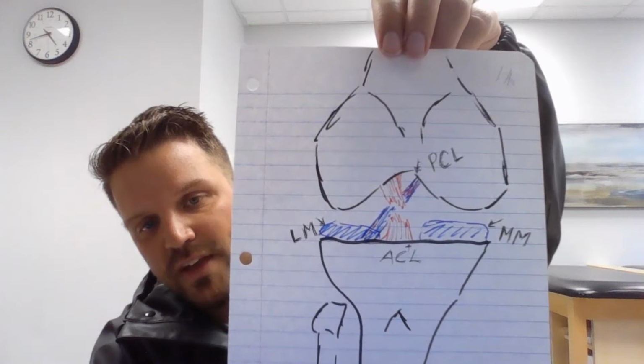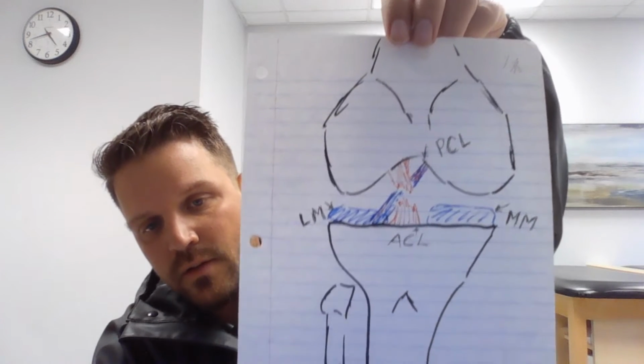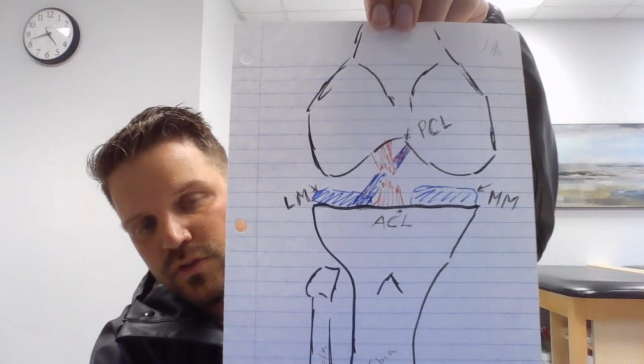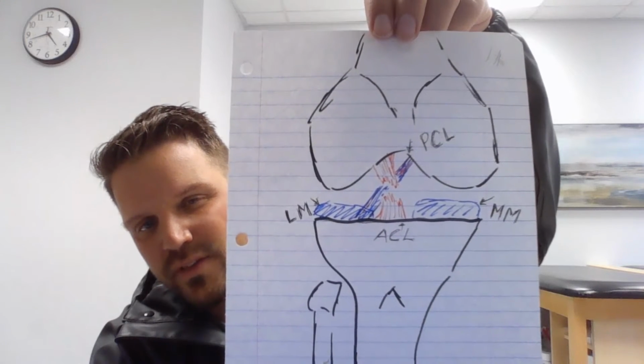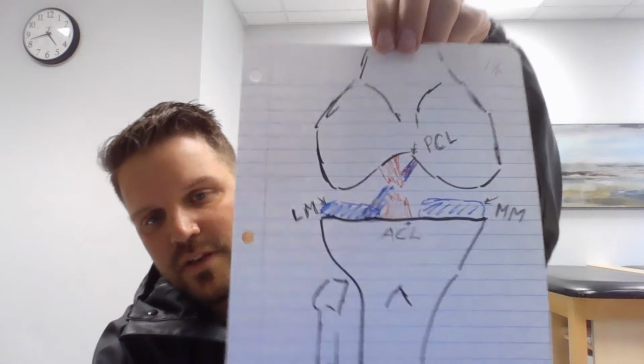So you can see the red structure there is the ACL. The blue circular structures are the meniscus, and the other blue structure that's going diagonally from the tibia to the femur is the PCL, or posterior cruciate ligament. So an important anatomical point would be they make an X inside the knee.